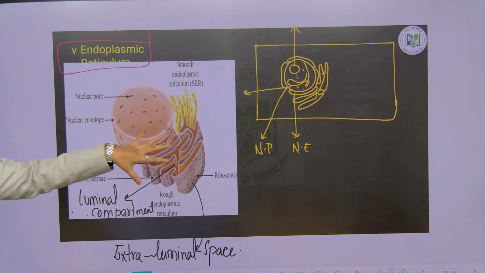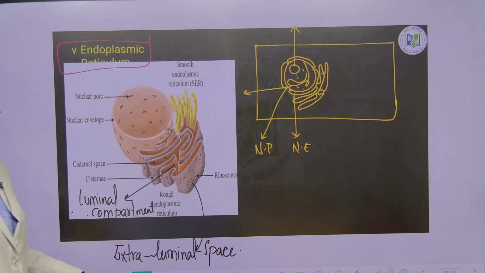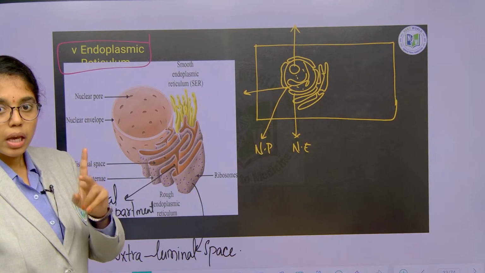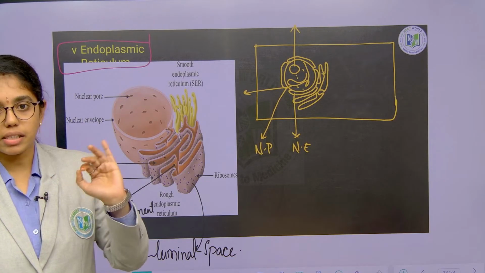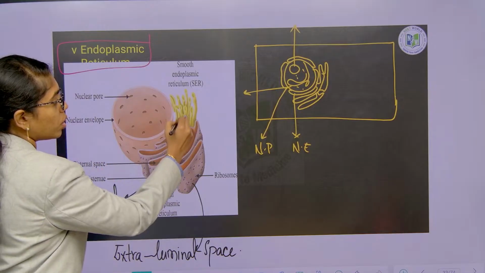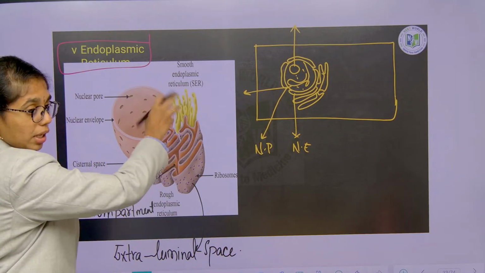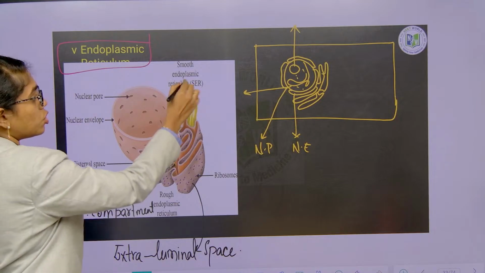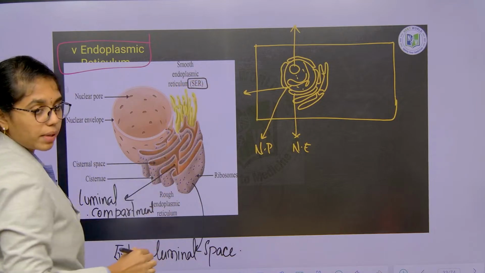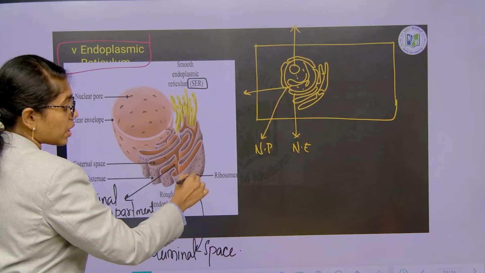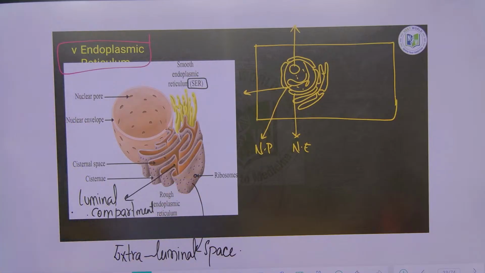Endoplasmic reticulum is of 2 types based on the surfaces it has. If the surface is smooth without any organelles over it, that is known as smooth endoplasmic reticulum. But if the surface is rough because of ribosomes, that is known as rough endoplasmic reticulum.